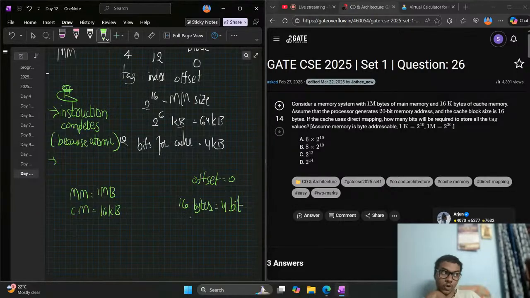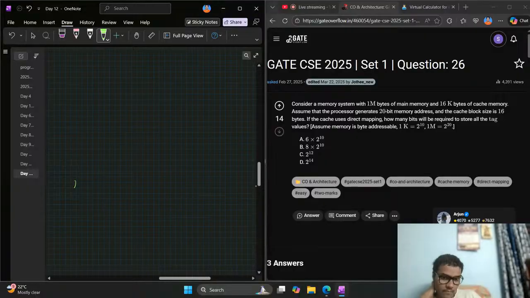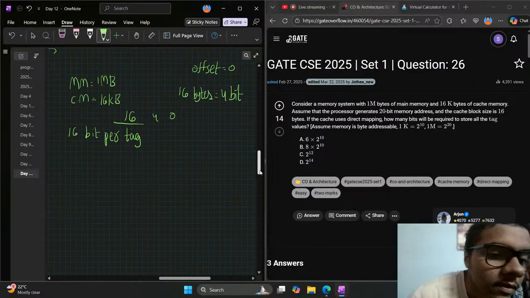So yeah, cache block size. So you are showing cache lines. So 4 and 0 and 20, 16, to store all the tag values. So 16 bits per tag. Okay, that makes sense.